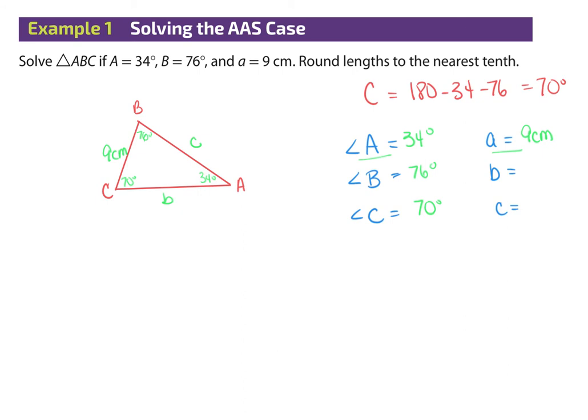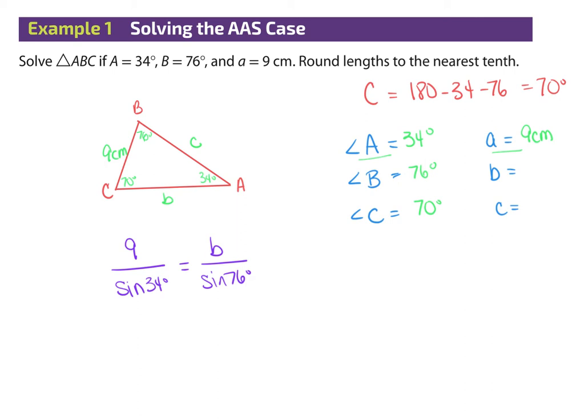I'm solving for a side, so I'm going to put the sides on top. So I'm going to say side A, which is 9 centimeters, over the sine of A, which is 34 degrees, should equal the side B over the sine of angle B. And that's how I'll solve for the side B. If I want to solve for another side, I'm going to use the one that was given, so I'm not rounding and rounding.